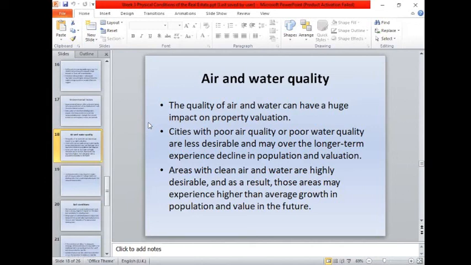We all know that in the cities, in the urban areas, because there are a lot of vehicles, there is air pollution. And because of the improper waste disposal of the industrial companies, the water is polluted. They dispose their waste in the water. Okay, we all know that.